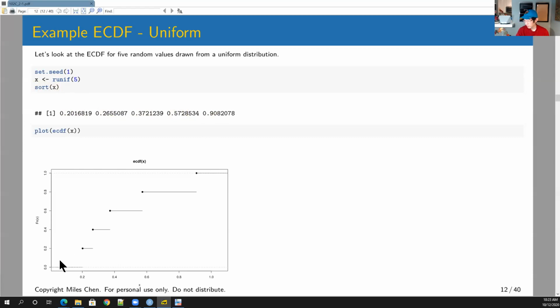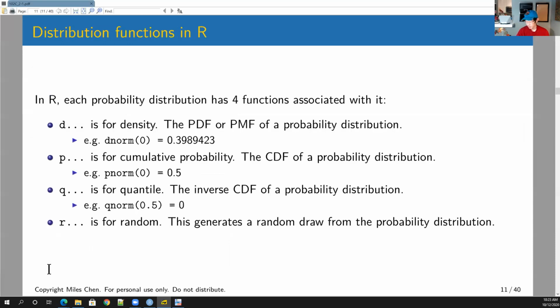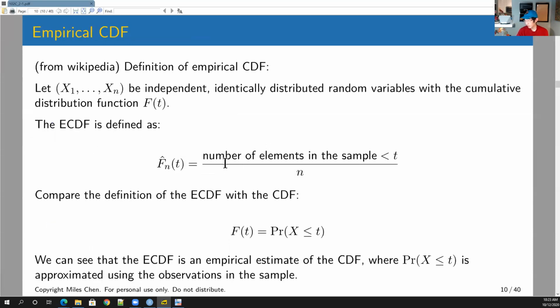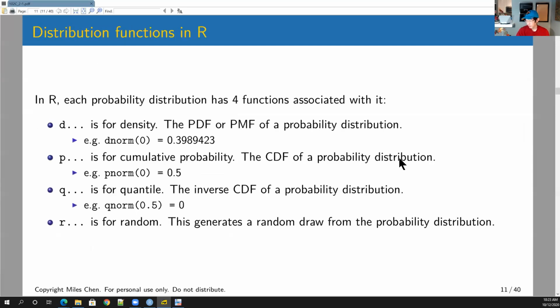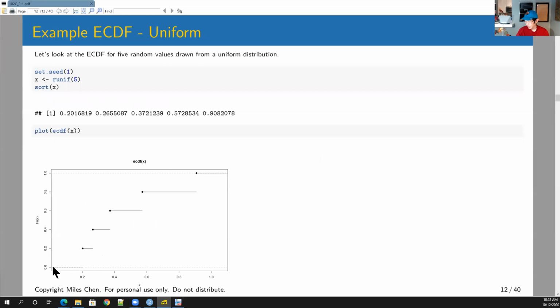Notice the function starts off at 0. We're asking what proportion of values, the number of elements in the sample, are less than t. How many elements are less than 0.2?